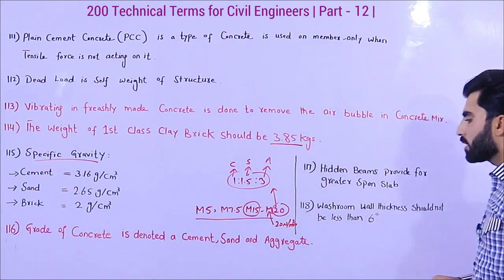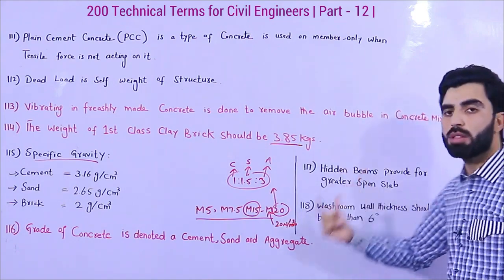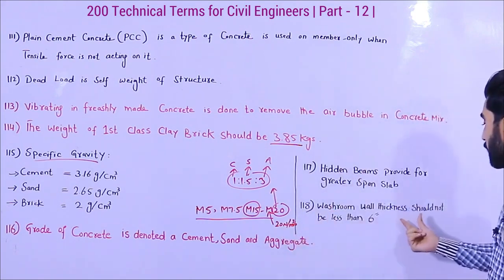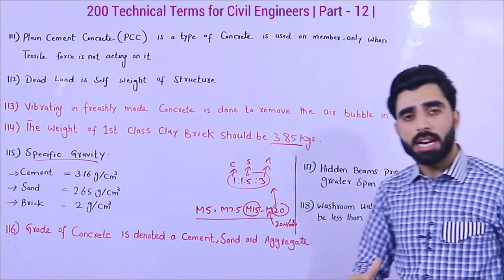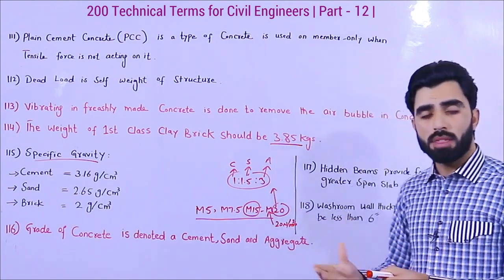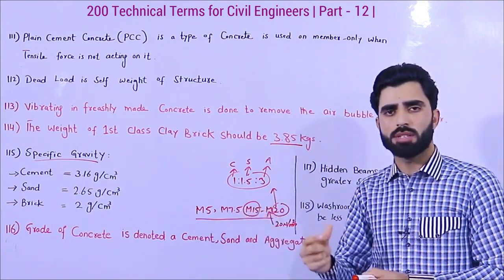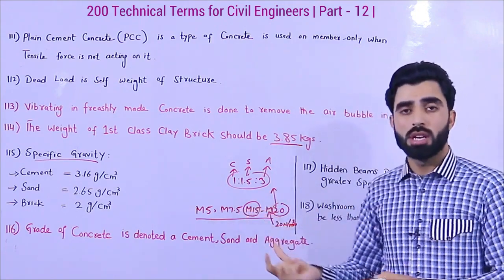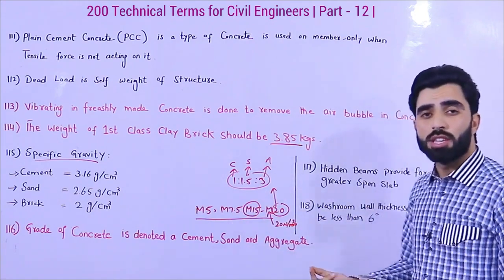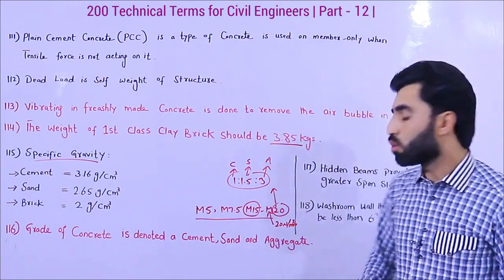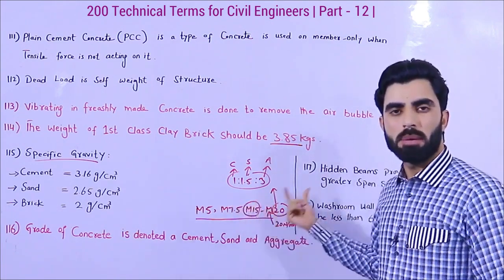The term number 118 is washroom wall or bath wall. Thickness should not be less than 6 inches, because inside the washroom or bath we are providing the sanitary work, for water, etc. If the thickness of the wall is less than 6 inches, we are not able to provide the plumbing work.